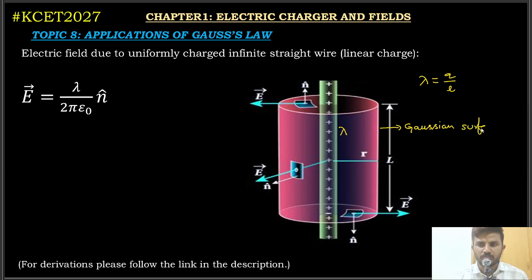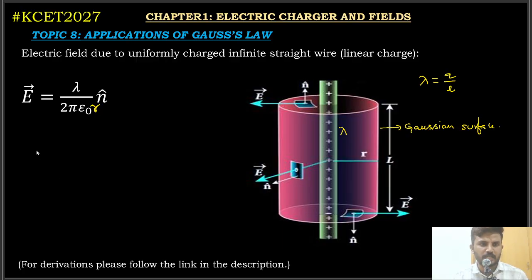So what is the electric field along the radial distance? That is given by lambda divided by 2 pi epsilon naught into r. R is the radius of this Gaussian cylinder. So lambda divided by 2 pi epsilon naught into r.